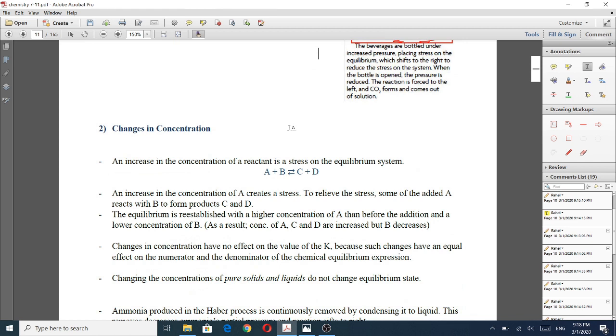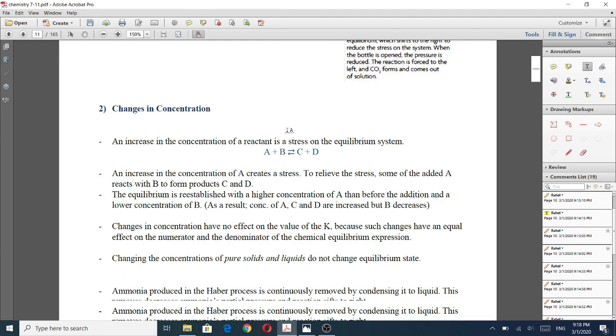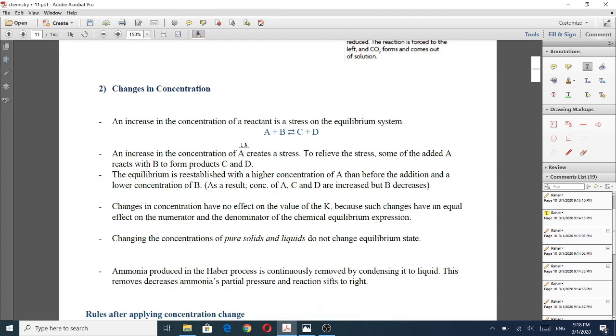What would happen if there was a change in concentration of a reactant or a product? You can think of it like this. By changing concentration of anything, the reaction will shift towards the other side. What do I mean by that? For example, if I increase concentration of A, which is a reactant, the direction of the shift will be to the right, to forward.